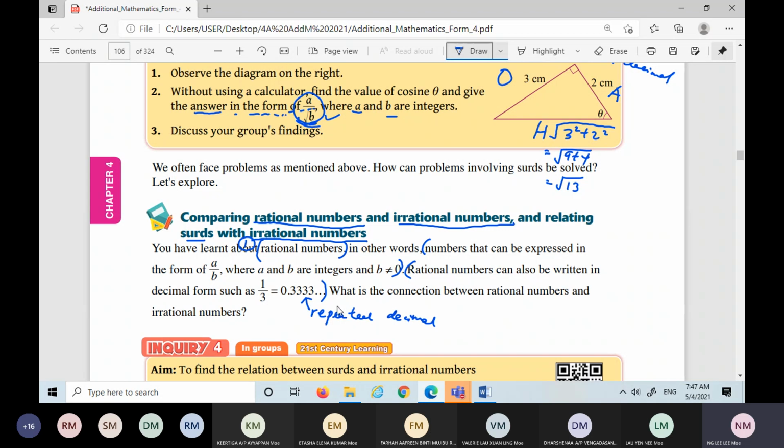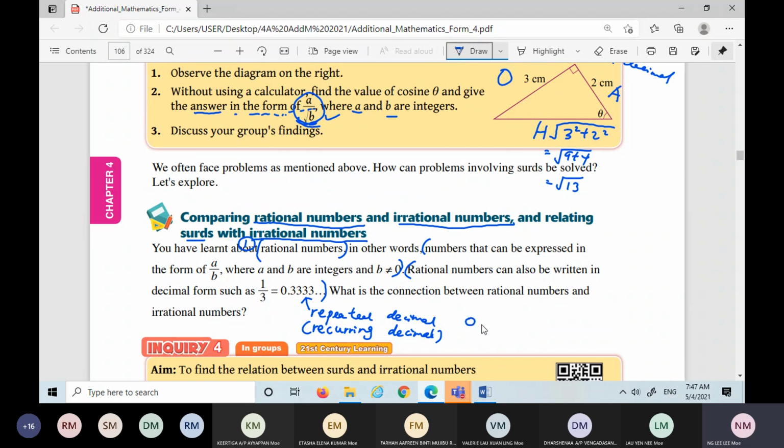So I repeat what I said: if you see a decimal which is a repeated decimal, that number is a rational number. Another term for this is recurring decimal. As a shortcut, I don't write 0.3333 and then dots.